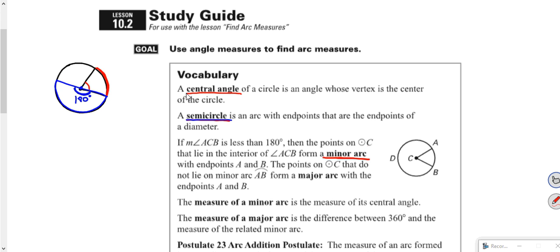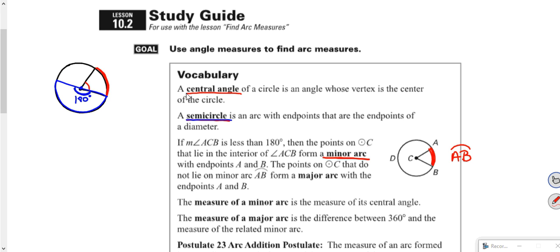This would be your minor arc here, less than 180, with endpoints A and B. The points on circle C that do not lie on the minor arc AB form a major arc with the endpoints A and B. Okay, so minor arc, first of all, here's how we would write it. We would write AB with a little arc above it.